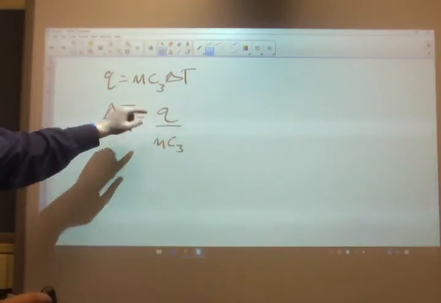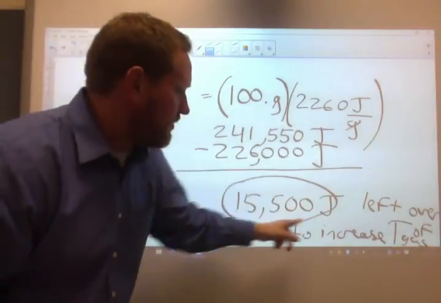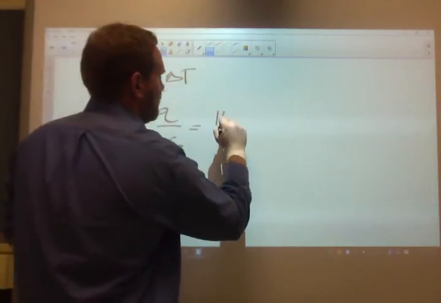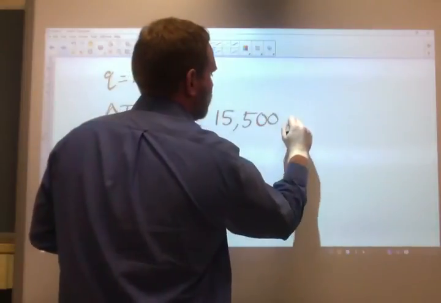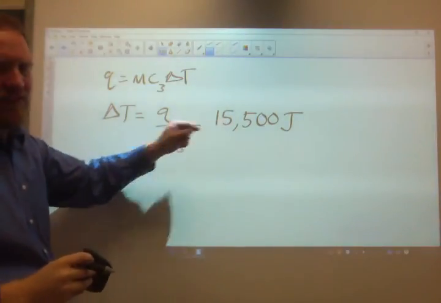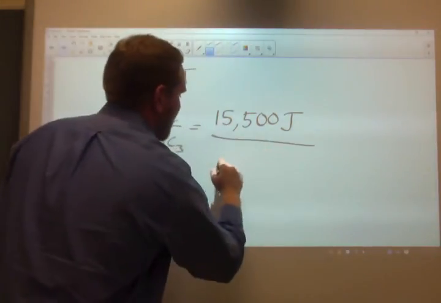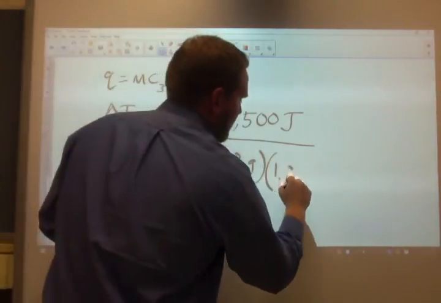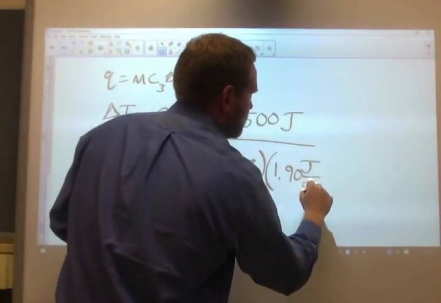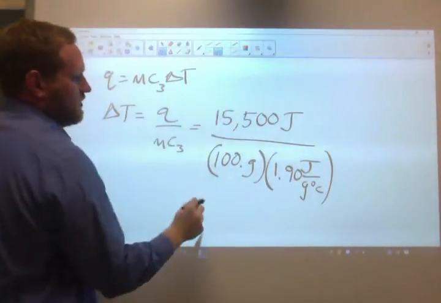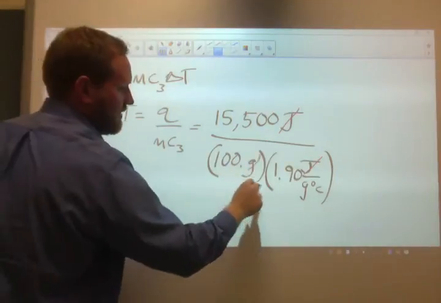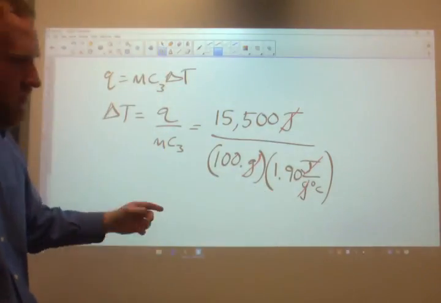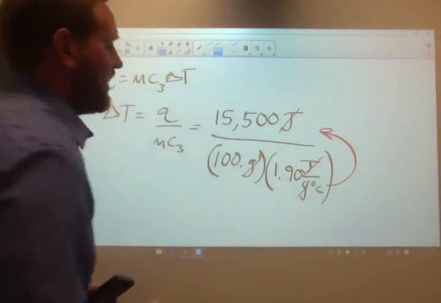For Q here, I'm going to make sure to use this Q, because this is how much energy I have left over. 15,500 joules. So I want to see how far that 15,500 can get me. Divided by 100 grams times c3, which is 1.90 joules per gram degree Celsius. Joule cancels joule, gram cancels gram. Degree Celsius is my double denominator, my inverse of the inverse. So that's going to pop back out on top.